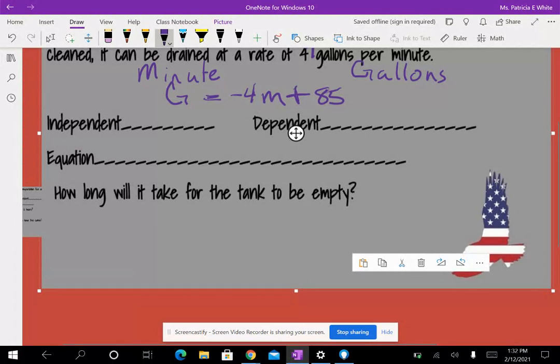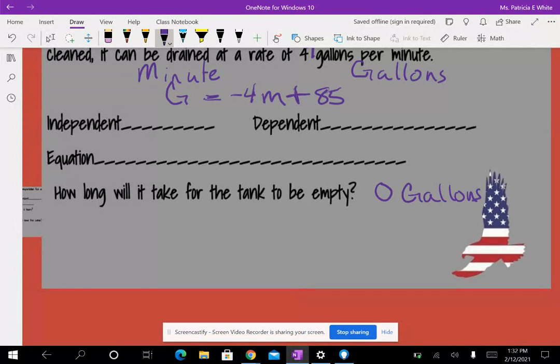So when it's empty, how many gallons would it have if it were empty? 0 gallons, right? That means my G equals 0. So I'm going to come to my equation, and instead of having a G there, I'm going to have 0 equals negative 4m plus 85.